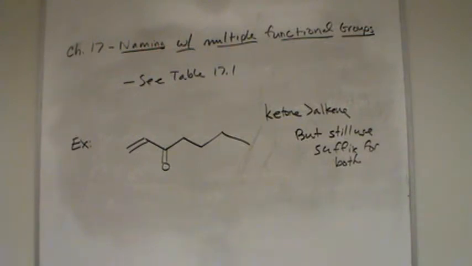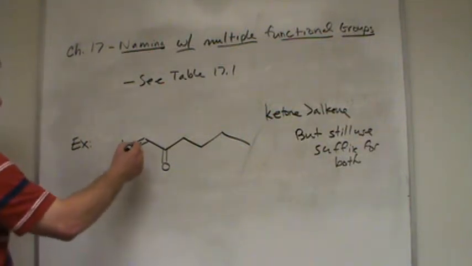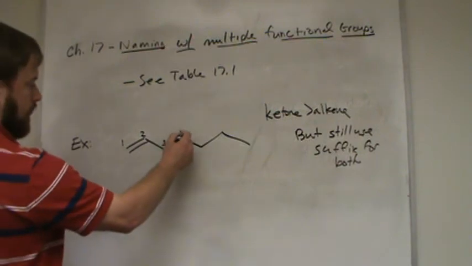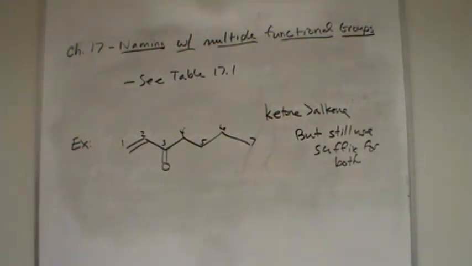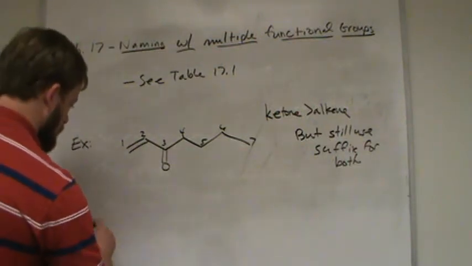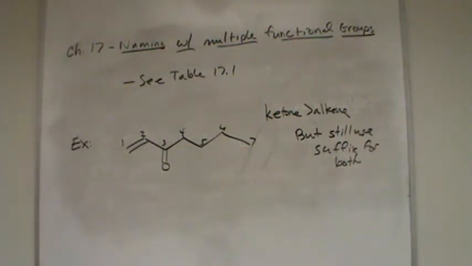So let's number now. Our high priority group, the ketone, gets the lowest number it can. So that'll be from the left: 1, 2, 3, 4, 5, 6, and 7. So it would be 3-heptanone, but we have the alkene. So how are we going to name it? Take a second and see if you can figure it out.